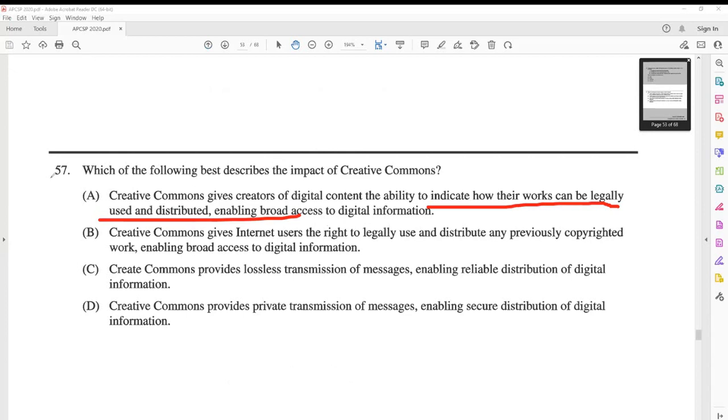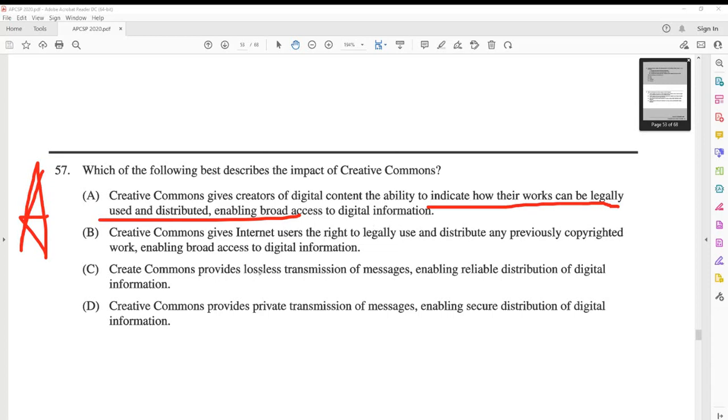So 57 is A. The main use is that you do not need to think about it. You do not need a special lawyer to do it. You just put the logo and allow people to use the Creative Commons license.